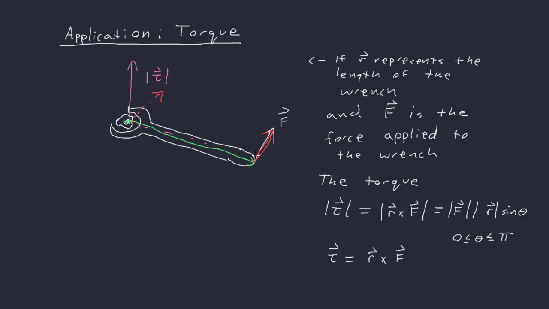If you're following the right-hand rule of this angle between them, so if you're twisting the wrench in a positive orientation, it's going to be applying force upwards this way. However, if you do your force in the opposite direction, you will get a downward force.